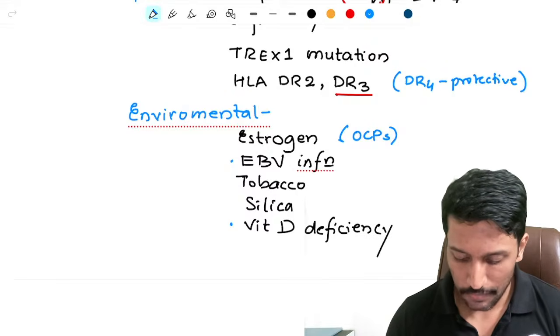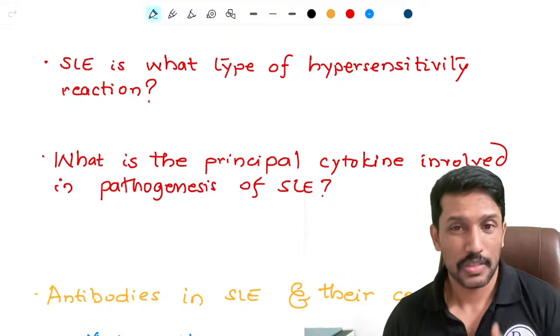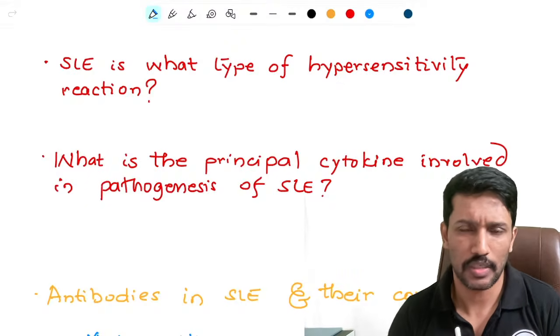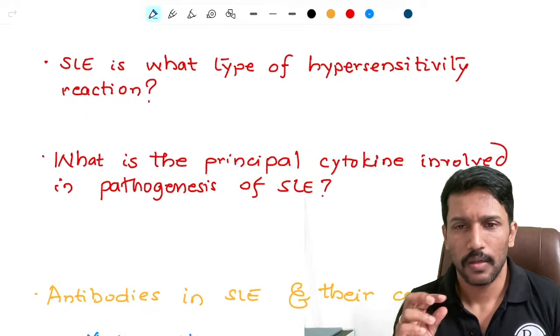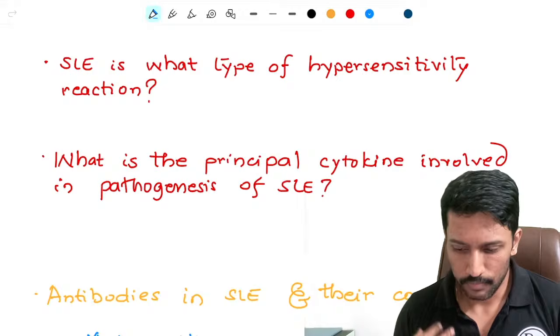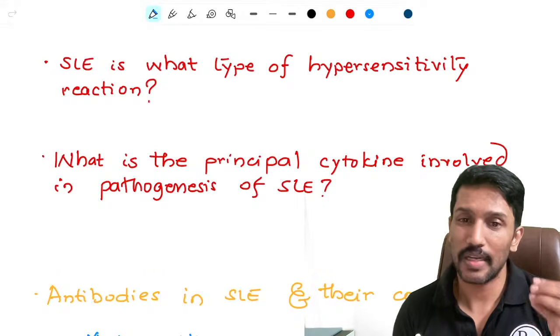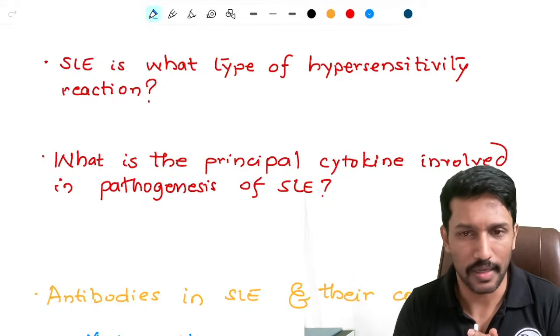Now that we know the risk factors, let us see what clinical manifestations we will develop in a patient with SLE, just addressing some Viva OSCE points. SLE is primarily a disorder where our own body antigens or tissue proteins are perceived as antigens by the immune system, and the immune system produces antibodies against them.